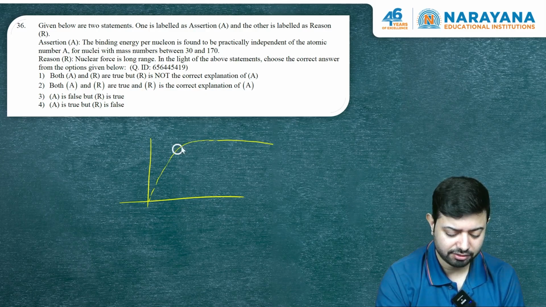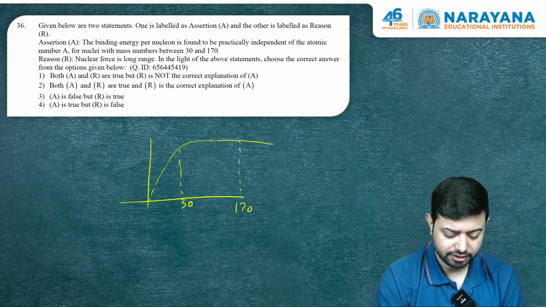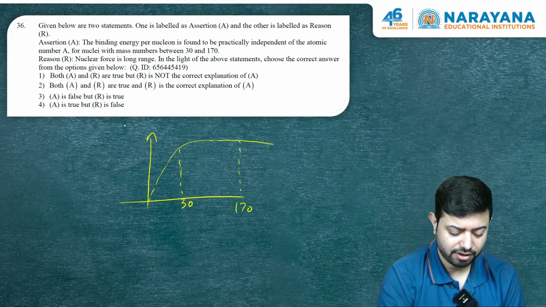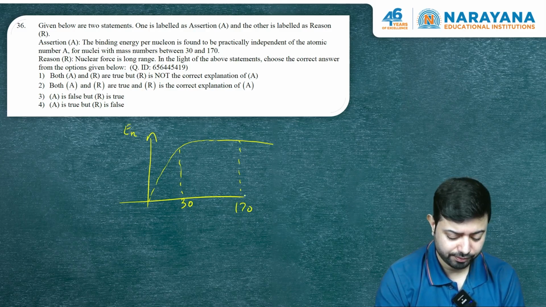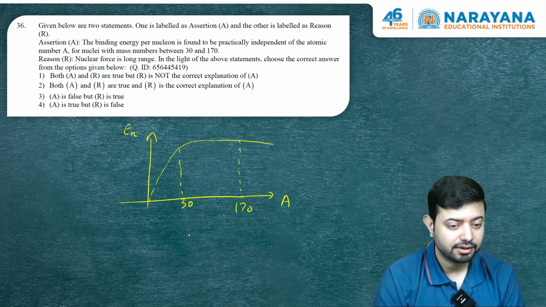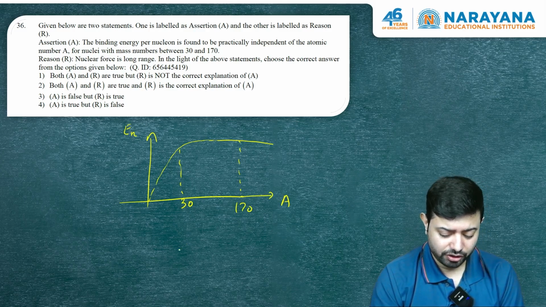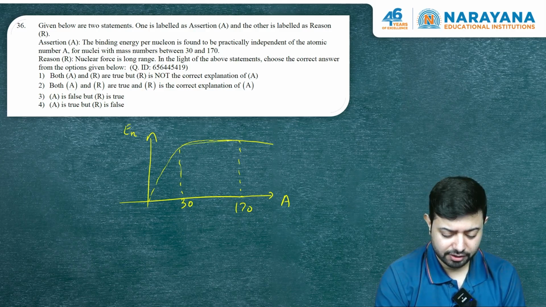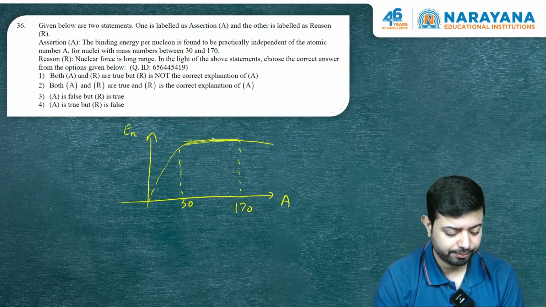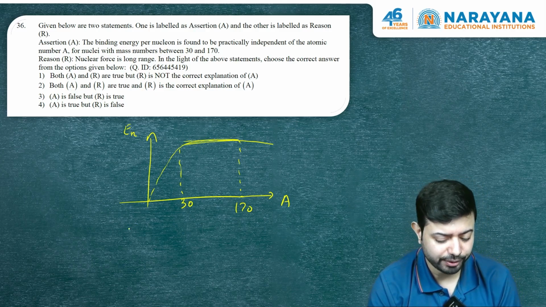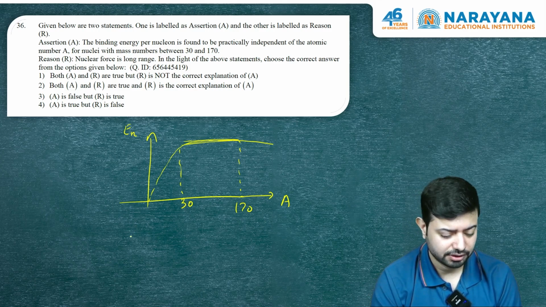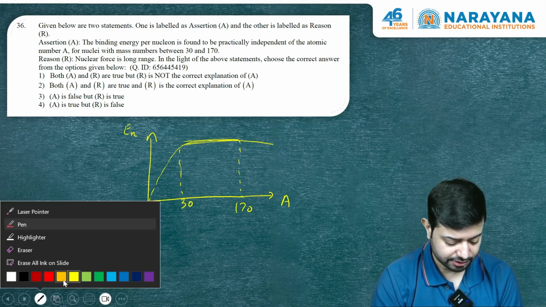It gets flattened from around 30, and till 170 it is almost flat. So, this graph is binding energy per nucleon versus the mass number. Okay. So, now you can see that it is almost the same. So, binding energy per nucleon is found to be practically independent of the mass number for nuclei with mass number between 30 and 170, it is correct, right.